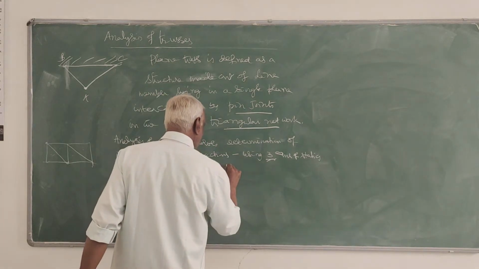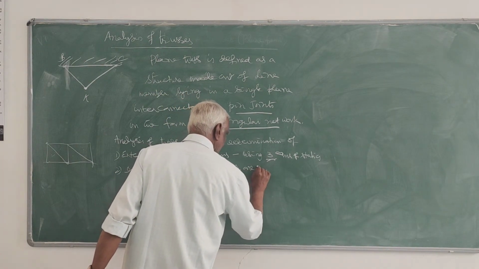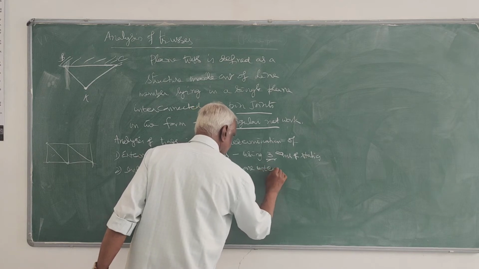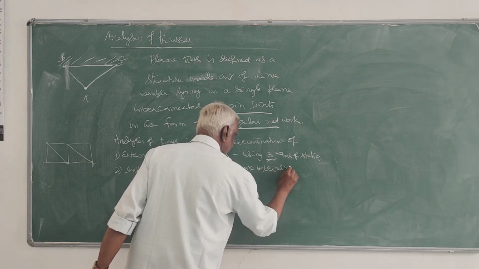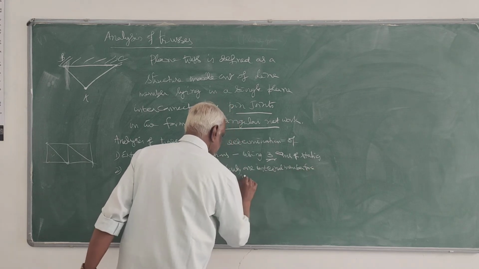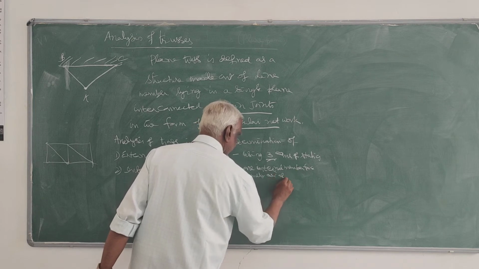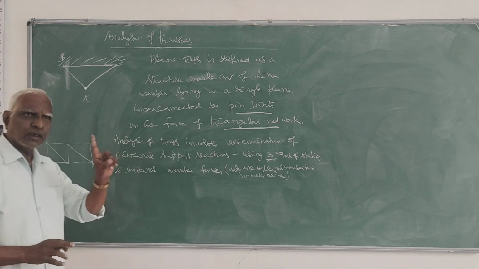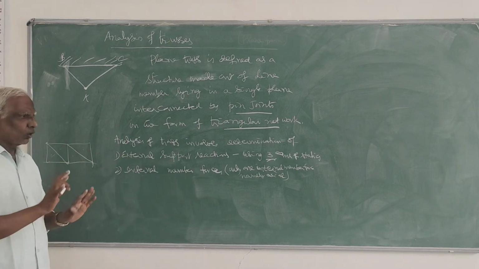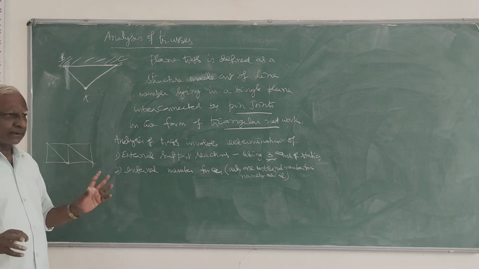So you have only one internal member force, namely axial. Any member is subjected to only one axial force, no other shear or moment, because each joint is a pin joint.